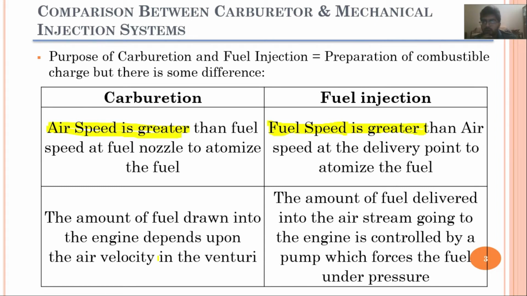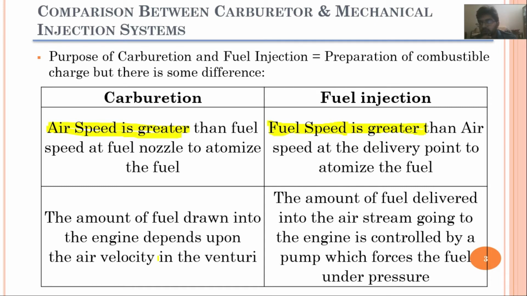On the other hand, in a fuel injection system, the amount of fuel delivered into the air stream is controlled by a pump, and these pumps are used to pressurize the fuel, and not only will it pressurize the fuel, but it will also inject the fuel into the combustion chamber.